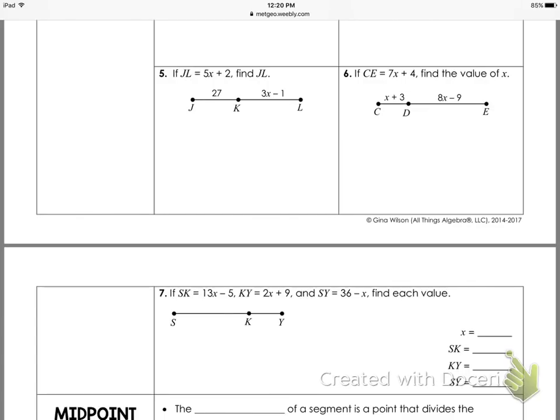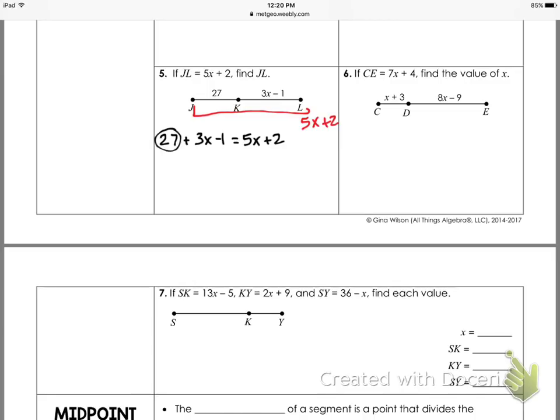Okay, let's keep going. Number 5 says JL equals 5x plus 2. Find the length of JL. Well, again, that is our whole piece, JL, 5x plus 2. So let's go through and try to solve that. Part 1 is 27 plus part 2 is 3x minus 1 equals the whole, which is 5x plus 2.